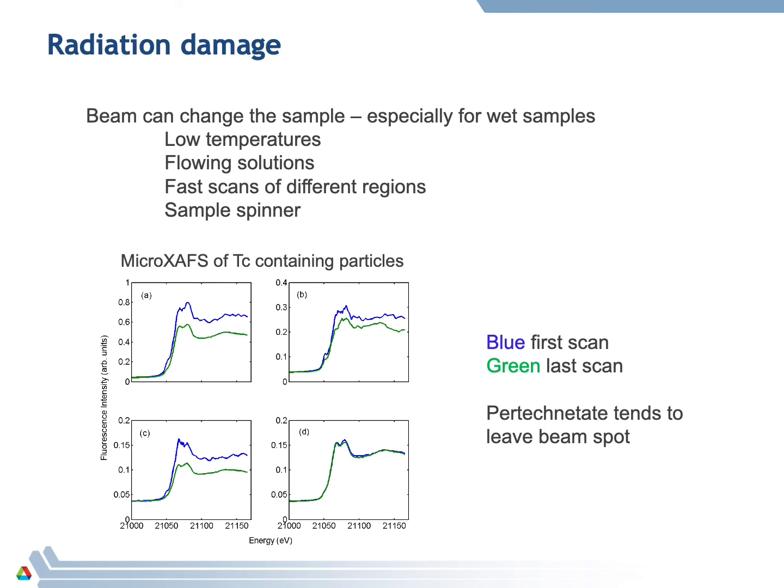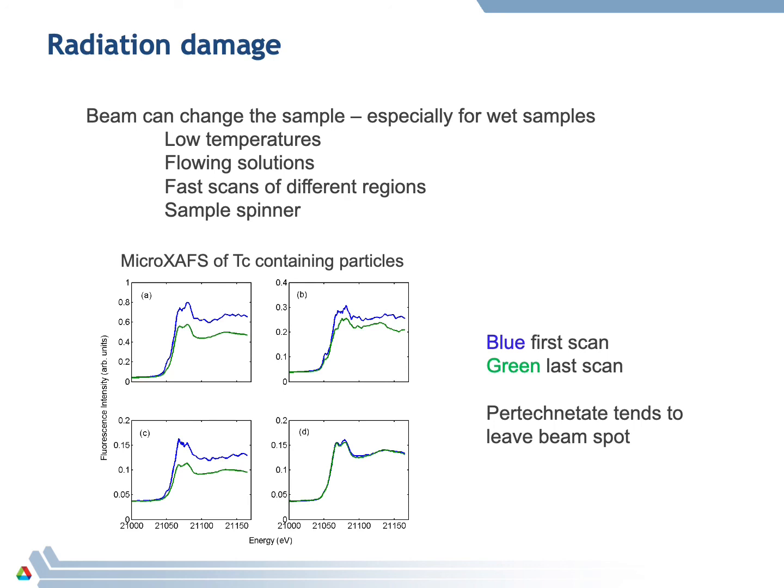If you have a sample that's not even in solution, but just still moist, the beam can interact with the water, generate free radicals, generate hydrogen or OH ions, which can react with the sample. So one way to minimize that is to freeze the sample. Even wet samples that are frozen tend to be much more resistant to radiation.